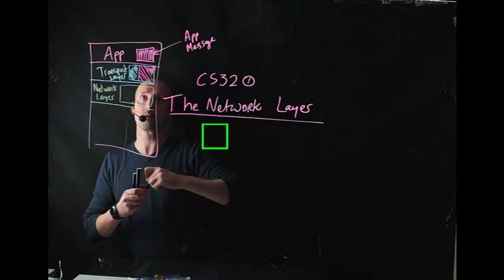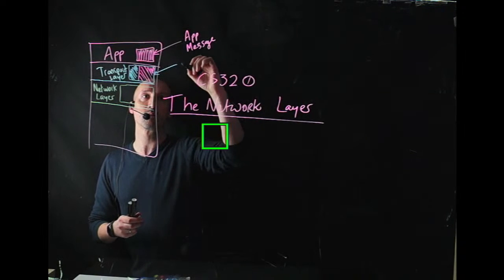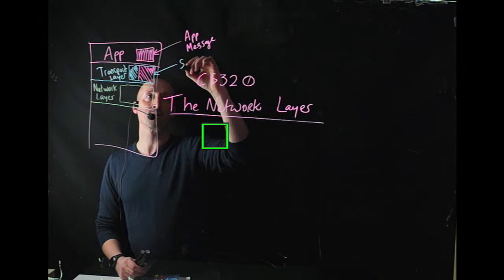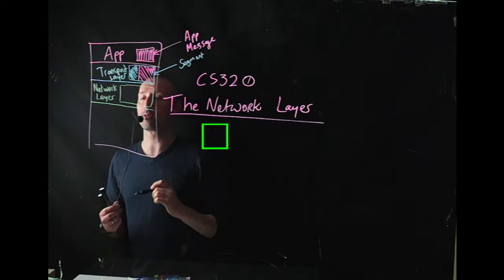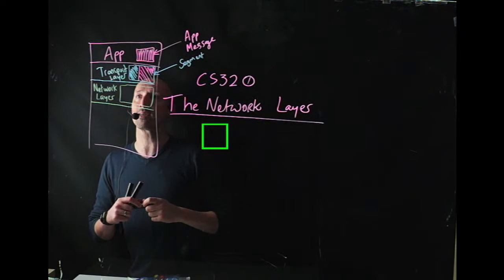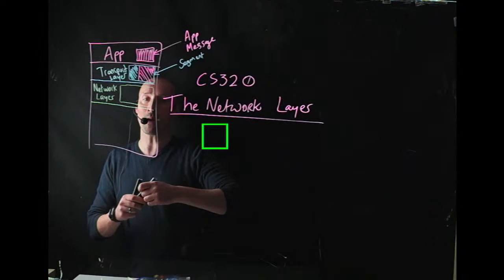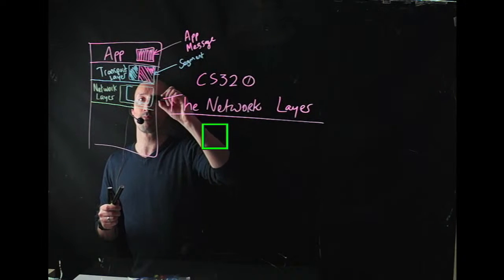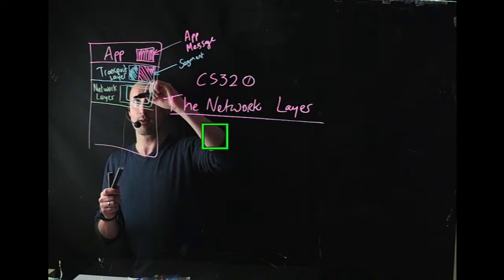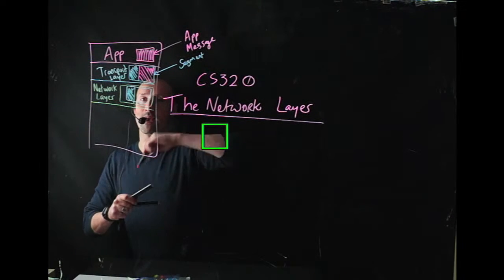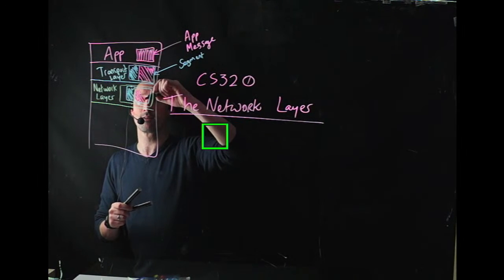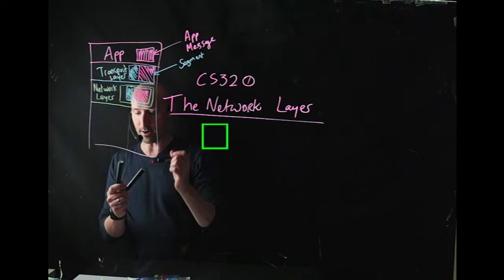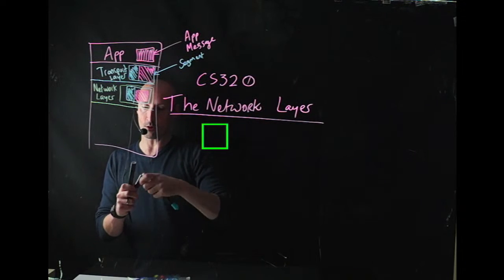So this was our segment, and then things like port numbers or multiplexing and so on. Here we're going to package our segment, which has our message encapsulated inside it. We're going to encapsulate that entire thing into something new, which we'll call a datagram.